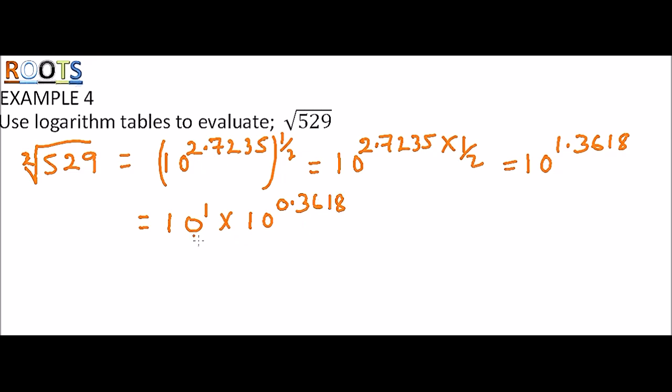Because when you apply the first row of indices, you come back to the previous step. Now from there, using the logarithm tables, we get the anti-logarithm of 0.3618. We get it is 2.3. So when you multiply 2.3 by 10, you get 23. So that is the square root of 529.